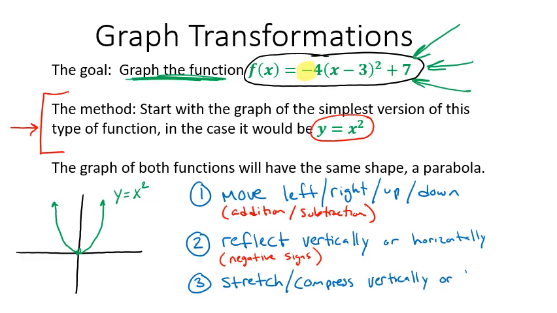Vertically or horizontally. So we'll talk about each one of these one by one. Stretching and compressing, either in the vertical or horizontal direction, comes as a result of multiplication or division.